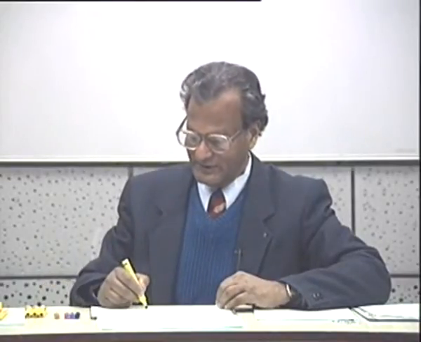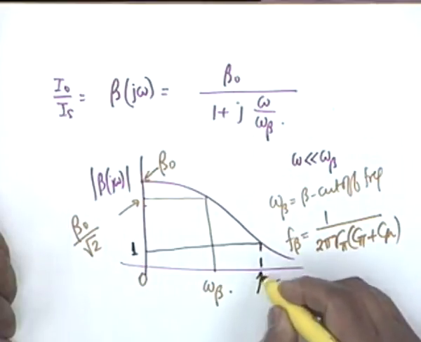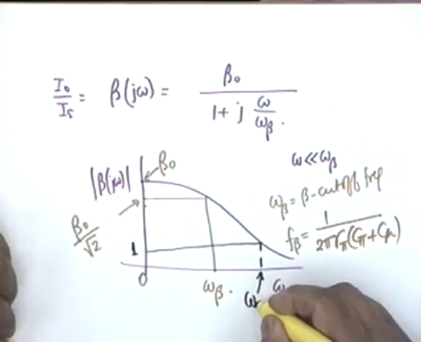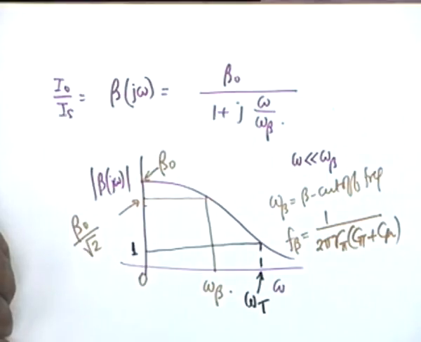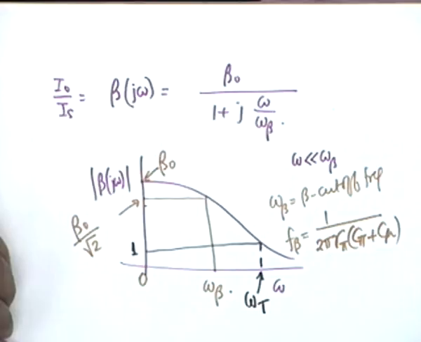Therefore, this frequency is absolutely the highest frequency up to which you can use the transistor for amplification. It defines a transition between usefulness and uselessness, and therefore it is called the transition frequency, omega t, a frequency at which the magnitude of beta reduces to unity.